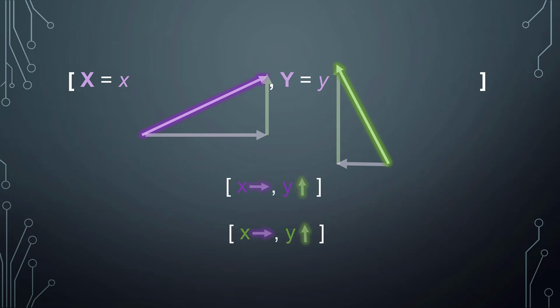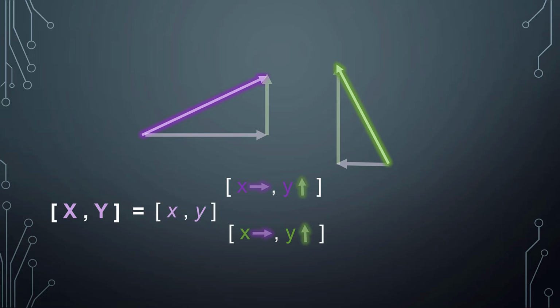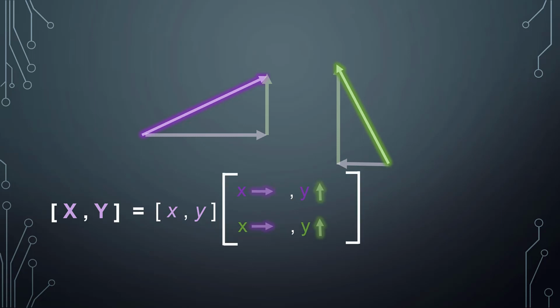Okay, so we can just reorganize things a bit. We can put the output on the left, and we can see that we have just two vector scalar multiplications. And we can represent that as vector matrix multiplications if we wanted to. Don't have to.